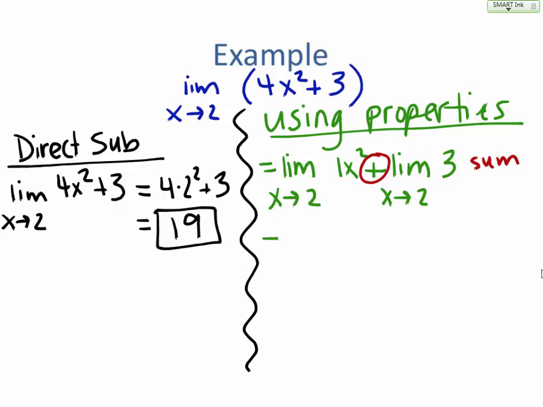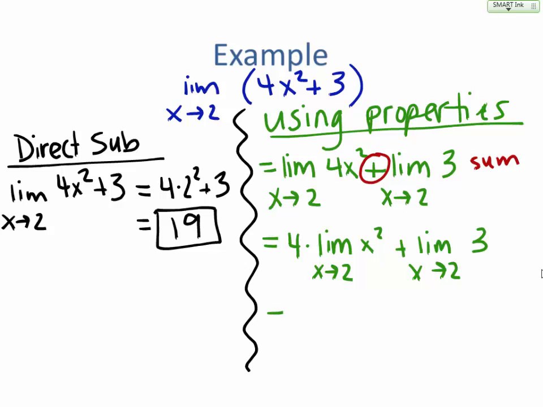To continue further, notice we have a factor of 4. So we have a scalar of 4. Using the scalar property, I could rewrite this again as 4 multiplied by the limit as x approaches 2 of x squared plus the limit as x approaches 2 of 3.